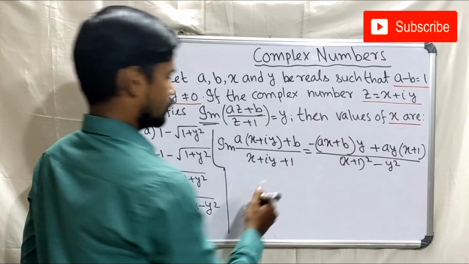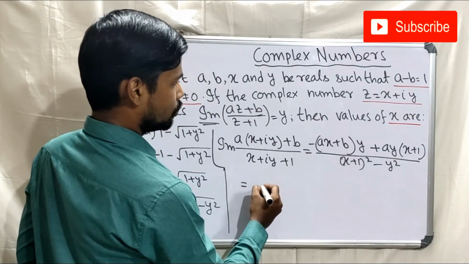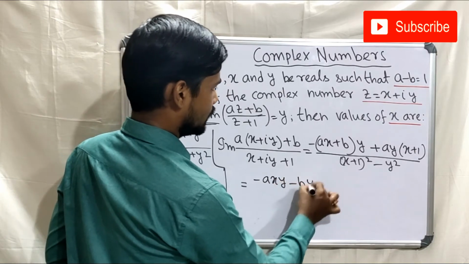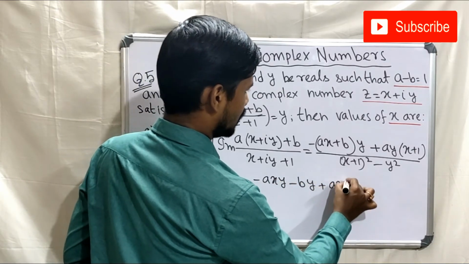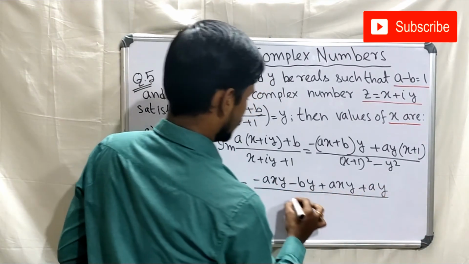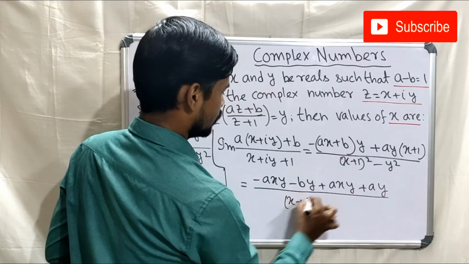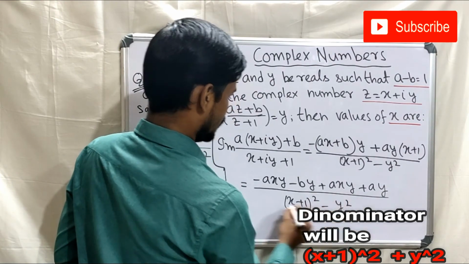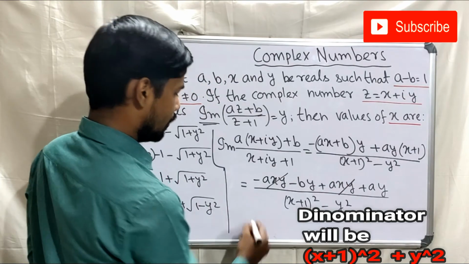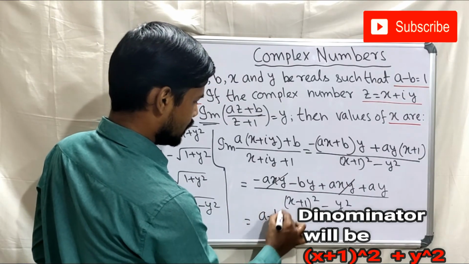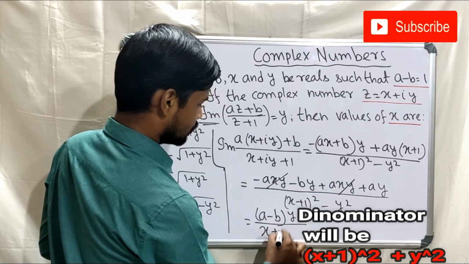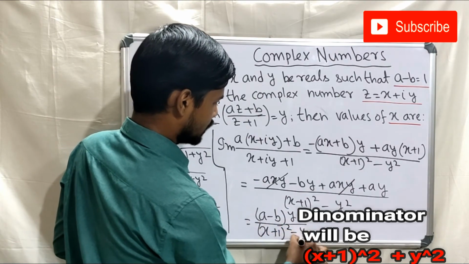Now this equals minus axy minus by plus axy plus ay, divided by (x plus 1) whole square minus y square. Cancelling out minus axy plus axy, we have only (a minus b) into y divided by (x plus 1) whole square minus y square.